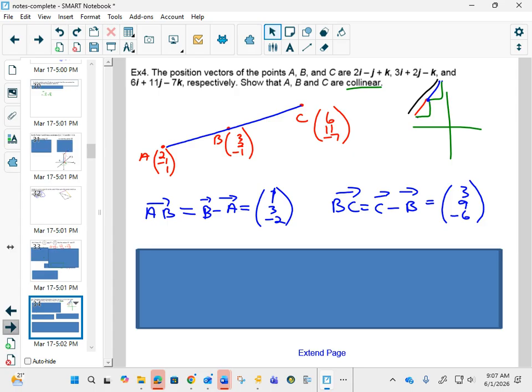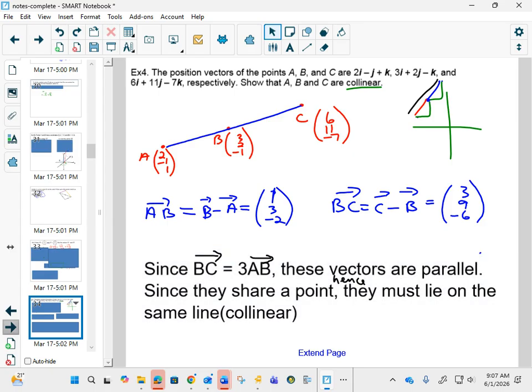Are they multiples of each other? If we multiply AB by 3, we definitely would get BC. So since they're parallel and they share the same point, they must lie on the same line.